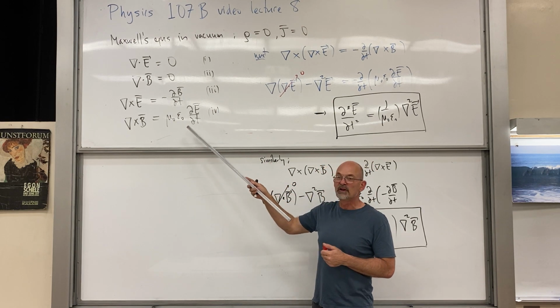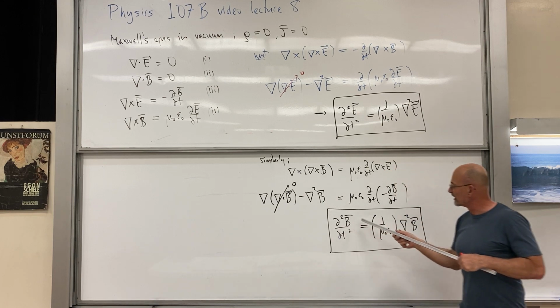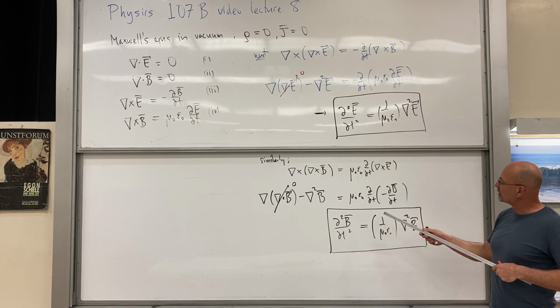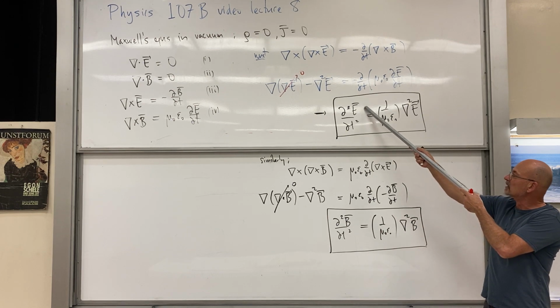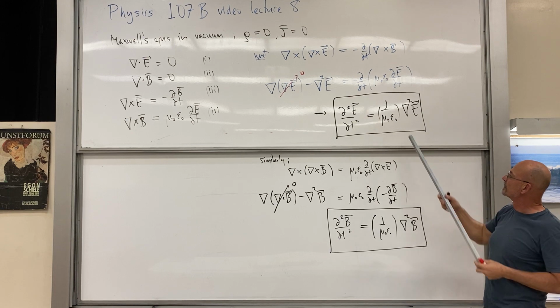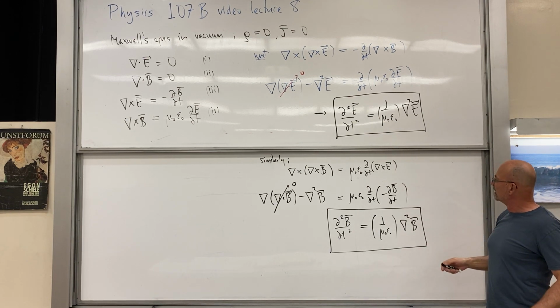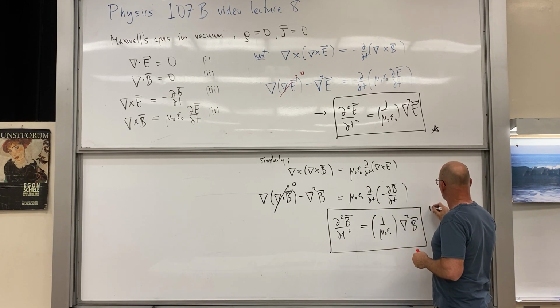It was needed for the continuity equation to make sense. But here we have it, it brings us to the wave equations. These are 3 plus 3 because each component, 3 components, electric and magnetic, gives a wave equation.